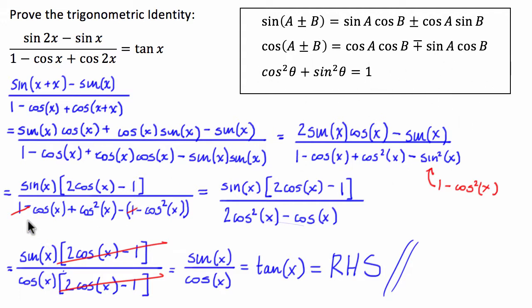Once we'd done that, we're able to combine our like terms in the denominator and then factorize. And then once we'd factorized, we were able to cancel the common factors in both the numerator and the denominator because the quotient of both of them is 1. Once we did that, the remaining part was sine of x over cosine of x, which we all should know is equal to tan of x. And tan of x is equal to the right-hand side of our identity here.